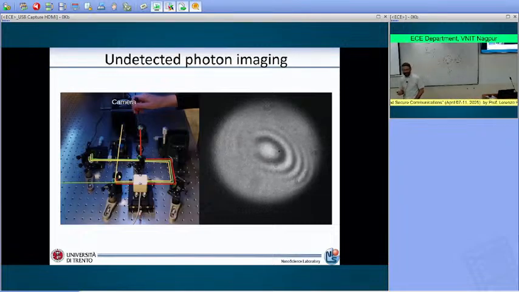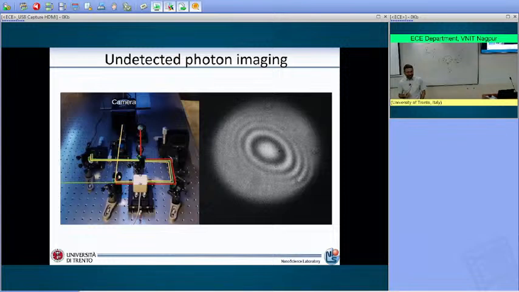And this technique is called undetected photon imaging. It's quite a strange phenomenon by which we are observing an object without looking at it. That's strange, isn't it? The red photons are those photons that are interacting with the object, but we are not looking at the red photons.